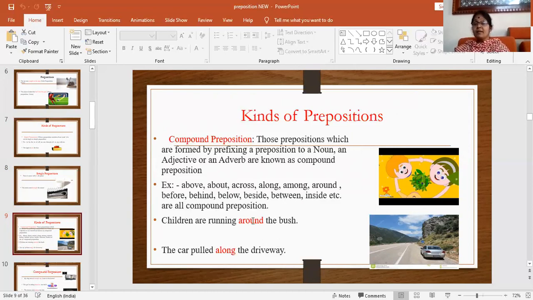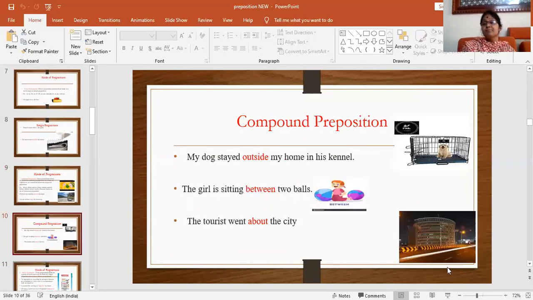Now let us understand this more by looking at the examples. Children are running around the bush, right? We have added the word a as a prefix to the word round and we made a compound preposition, around, right? The car pulled along the driveway. Here, along is our compound preposition, right? Now, look at this.